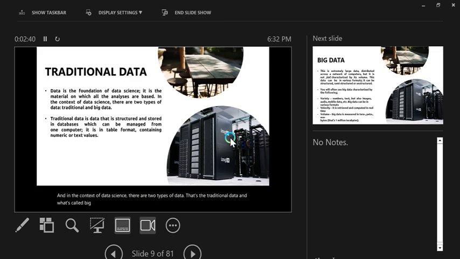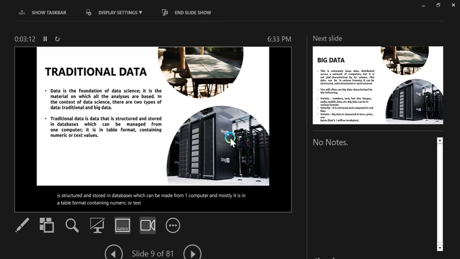And when we are talking about traditional data, let us not view it based on age. Maybe you are talking about data that was collected 5 years ago and so on. No, that's not traditional data. Basically, traditional data is data that is structured and stored in databases, which can be managed from one computer, and mostly it is in a table format containing numeric or text values.